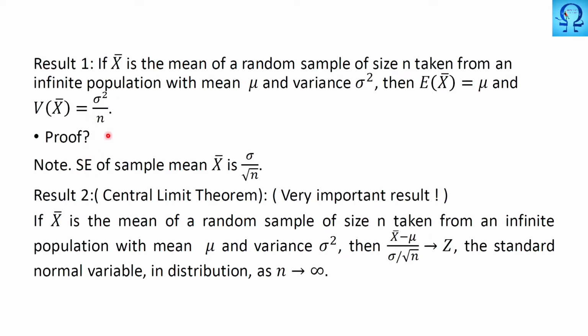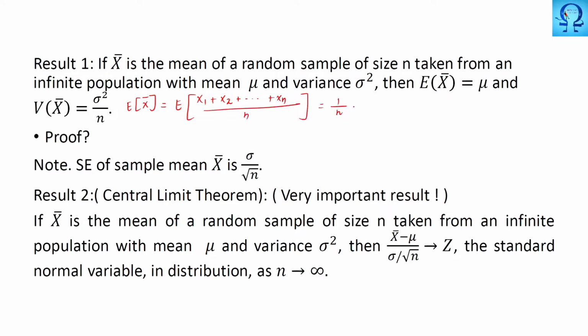How are we going to prove it? The proof is as simple. Let us have a look at it. So expectation of x bar is what? It is expectation of (x1 plus x2 till xn) upon n, isn't it?